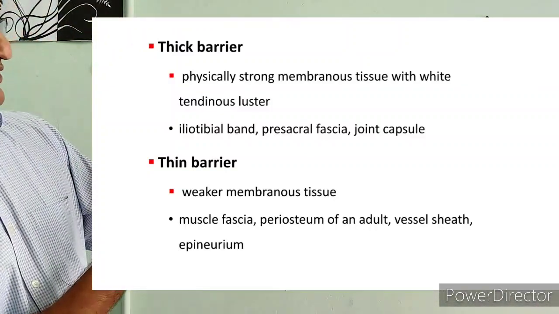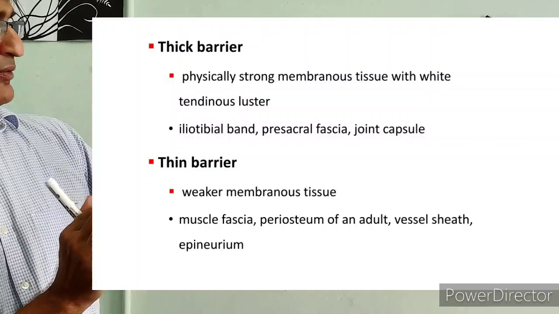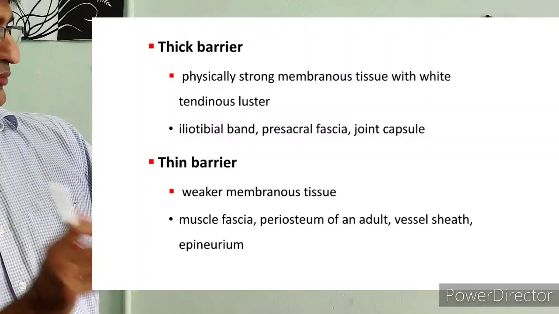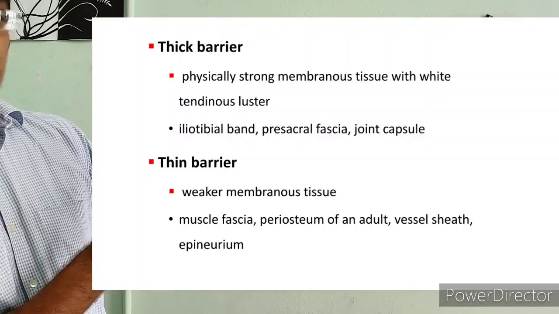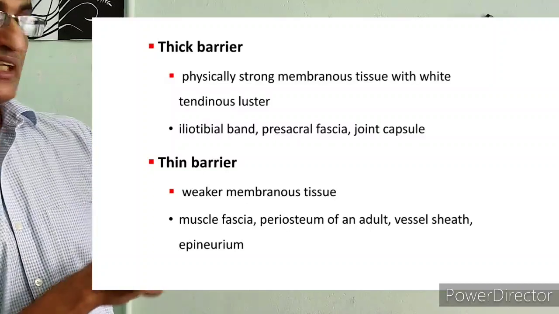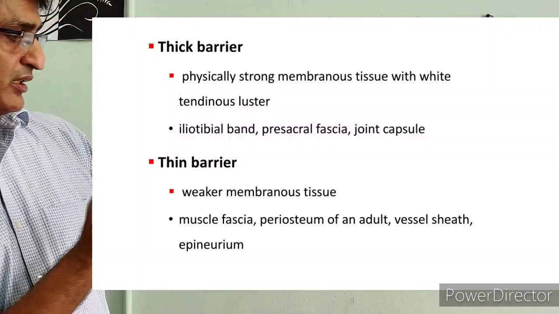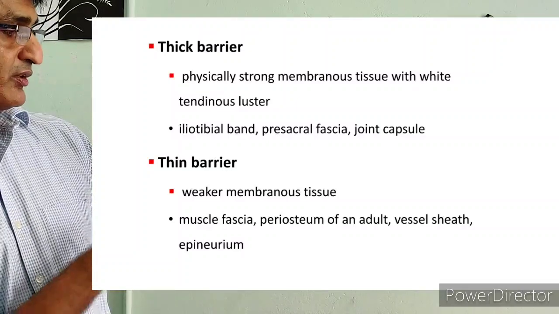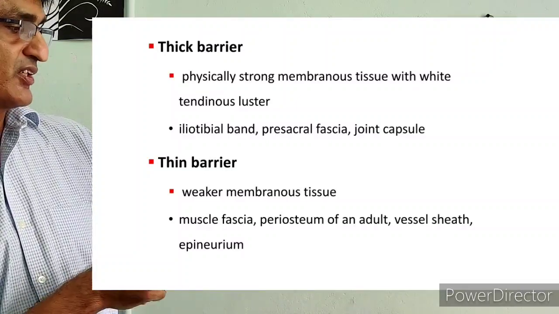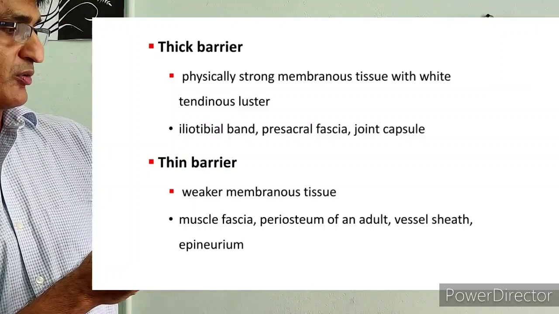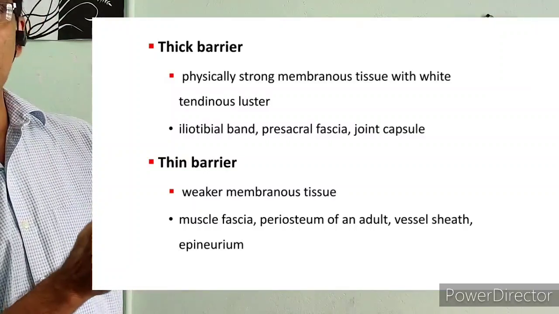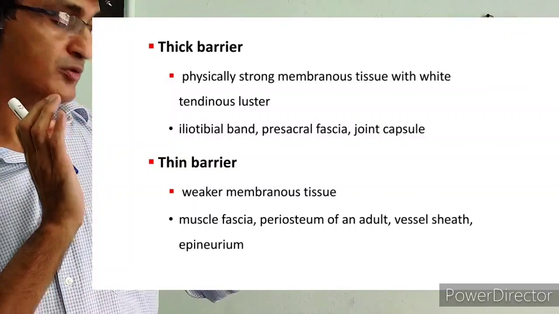The thick barriers are physically strong membranous tissues with white tendinous fibers: the iliotibial band, the presacral fascia, and the joint capsule. The thin barriers are weaker membranous tissues like the muscle fascia, periosteum of an adult, bone, vessel sheath, and epineurium.